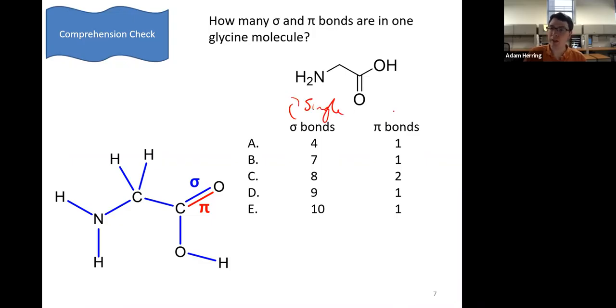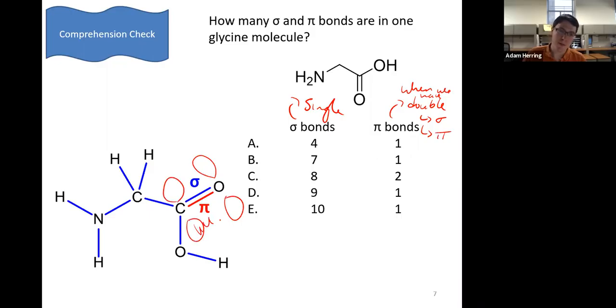Pi bonds exist when we have double bonds. Remember, a double bond consists of a sigma bond and a pi bond. The sigma bond will be in between the 2 atoms, and then the pi bond would be from the overlapping orbitals on the sides, either above or below those atoms.